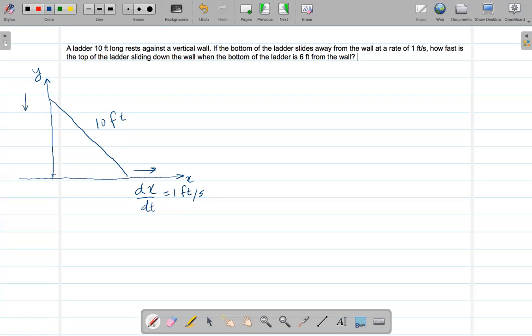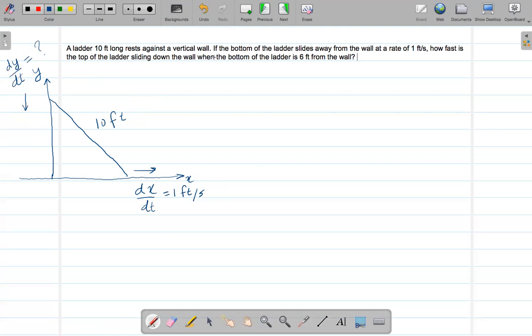From the origin, this distance is decreasing. So we need to find dy over dt. Since it is going down, our final answer for dy over dt must be some negative number. Just keep that in mind.